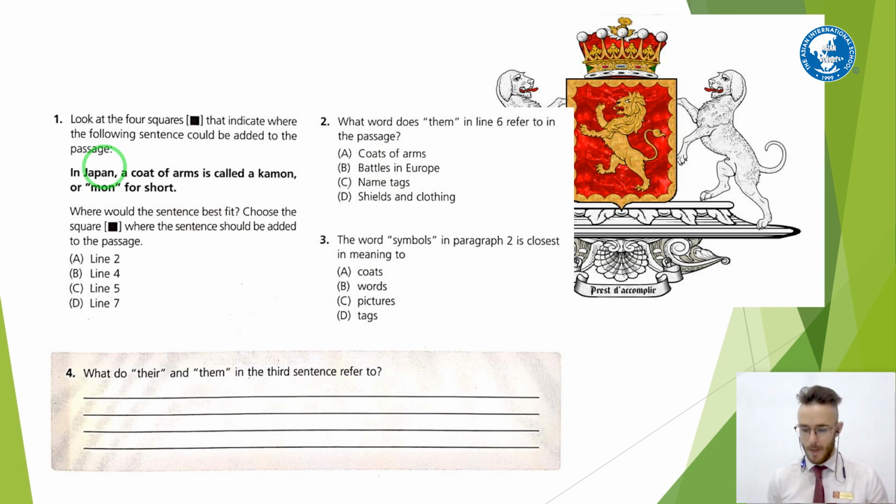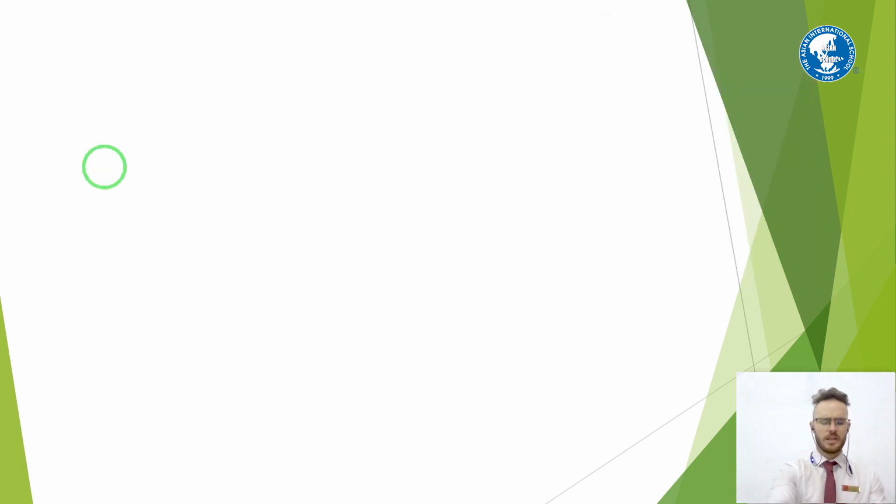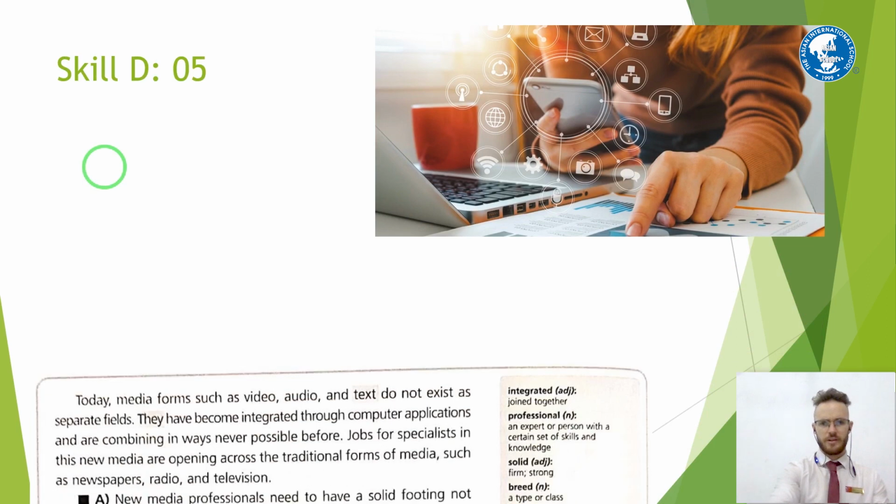That would be pictures, C. And last one, number 4, quite a nice quick one this. What do their and them in the third sentence refer to? That would be knights. Knights with a K. Okay, last one. We are very nearly there.